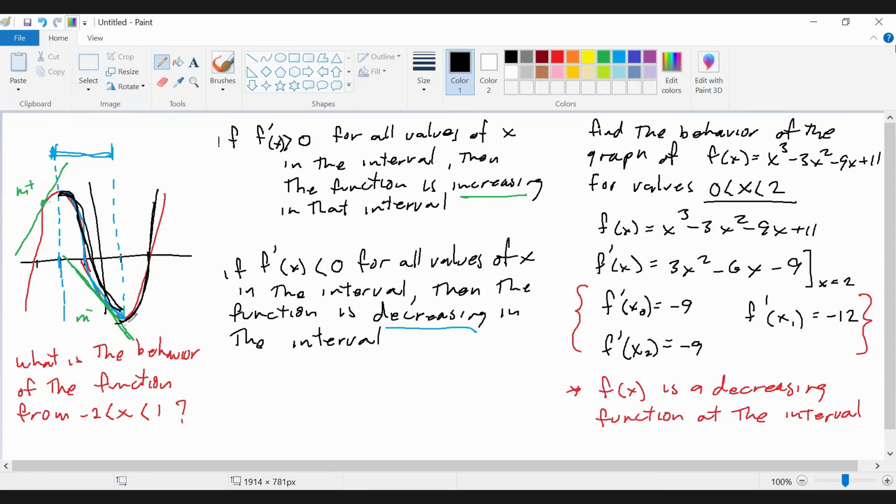So knowing where it goes down or where it goes up is a good indicator on how to plot the movement of the graph.